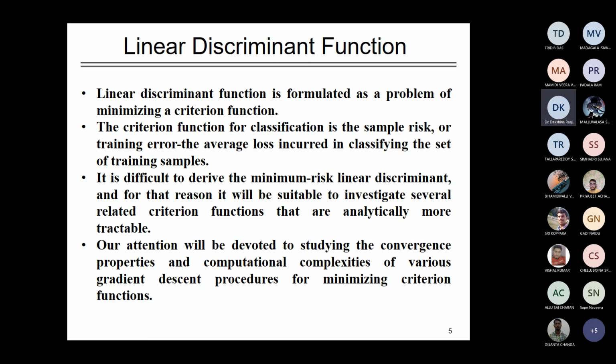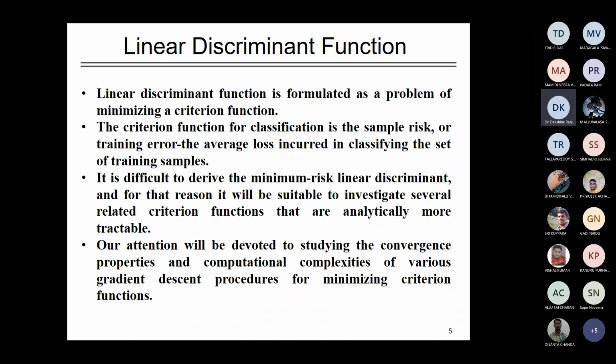Here the criterion function for classification is the sample risk. So what are the criterion functions that we can obtain for classification? One of them is sample risk, or we can consider another criterion function like training error. This training error is obtained on the set of training samples.